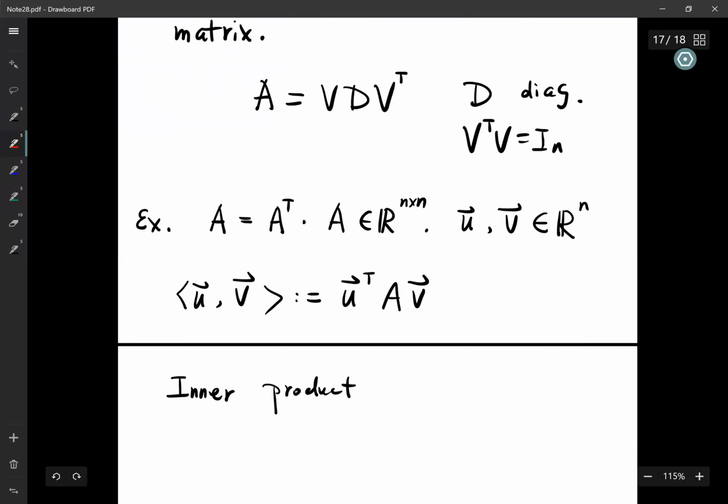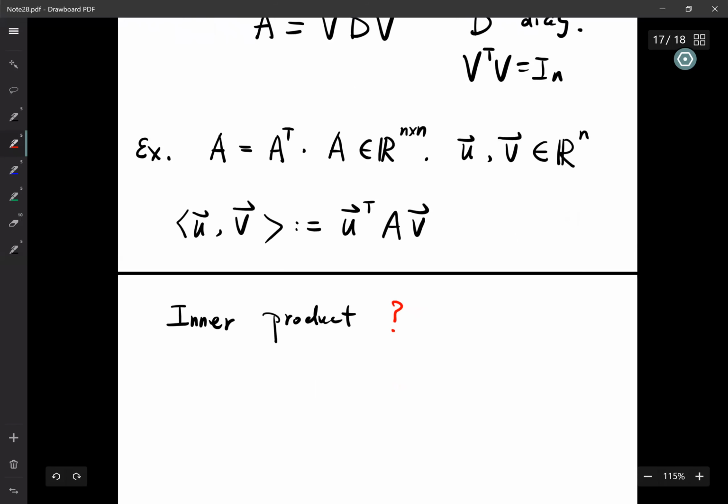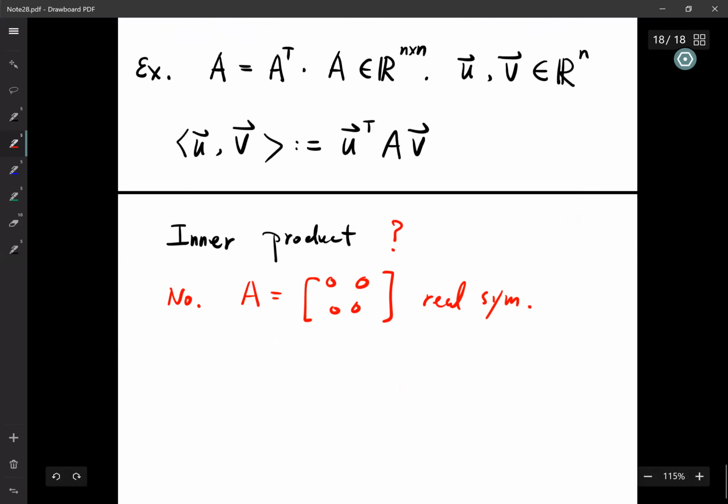The answer, if just stated as is, is no. Because let's say I just take A to be the all zero matrix, which is definitely real symmetric. Then this is not an inner product, as we have said last time.